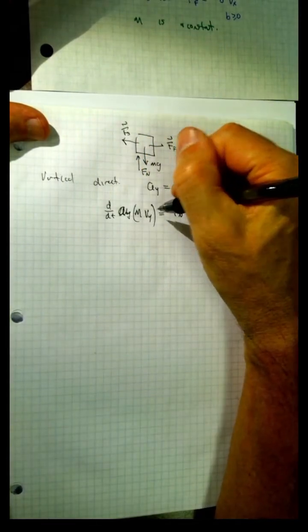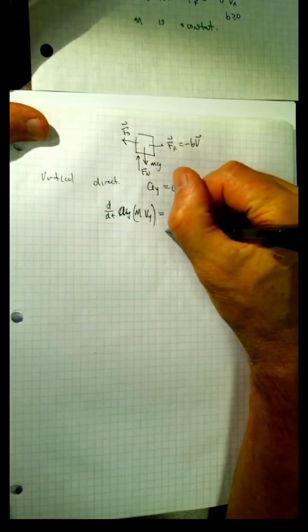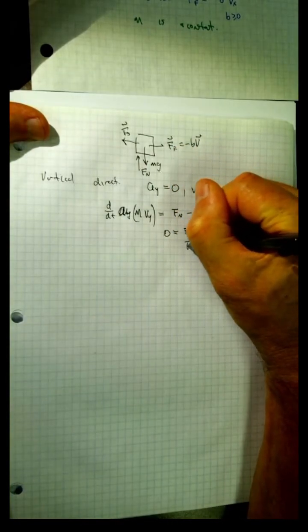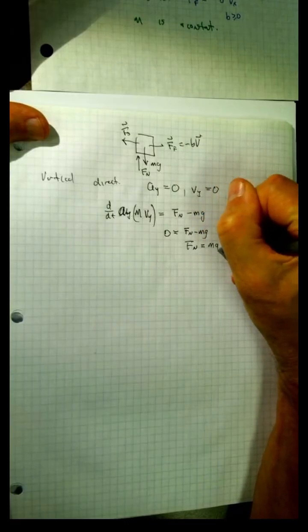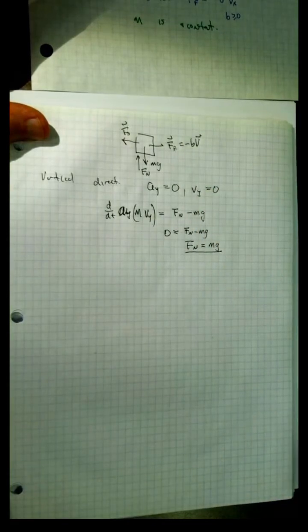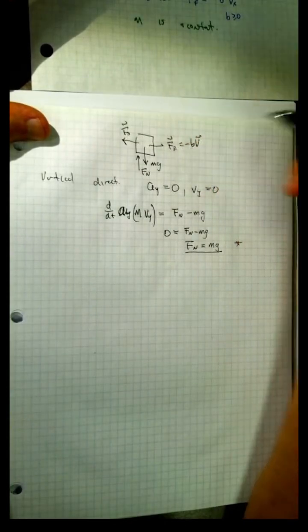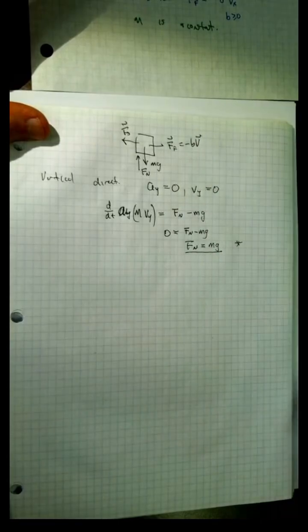And now since the velocity is 0, we're going to have 0 equals the normal force minus mg, which says that the normal force is equal to mg. All right, we're not going to make much use of this now, but later on, if we want to talk about force of friction due to the table, we're going to end up needing that.